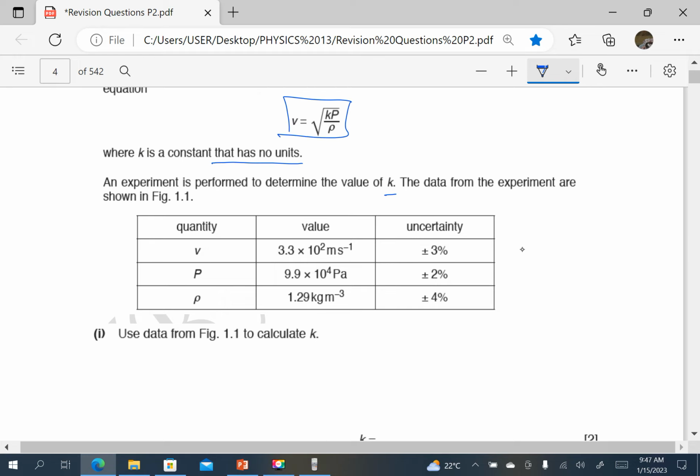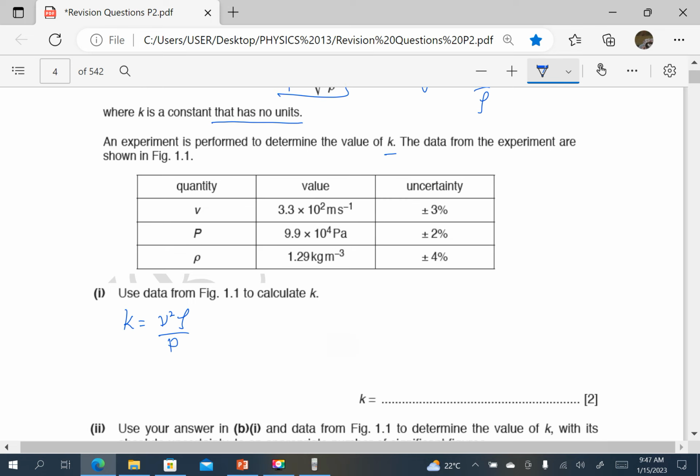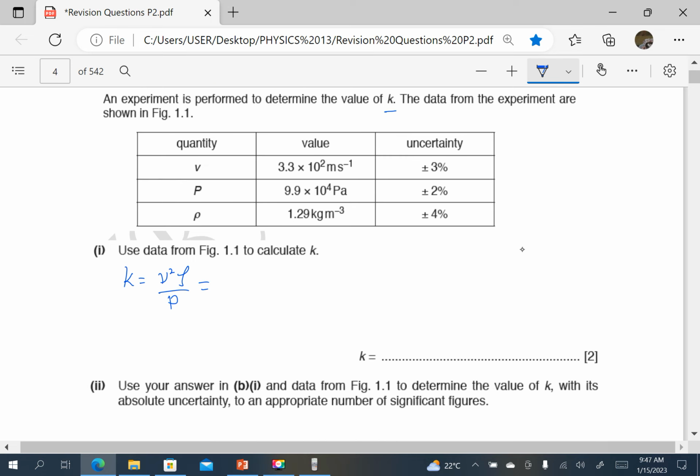When I make K the subject, I square both sides. So I have that V squared is equal to KP over rho, which means that K is going to be equal to V squared times rho divided by P. So we are substituting now.